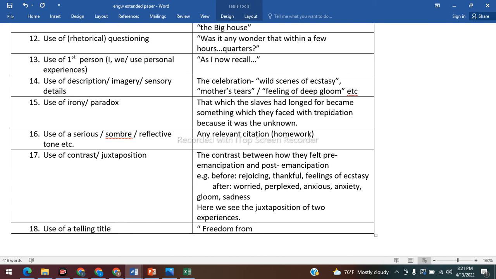Yeah. Because the title tells us a lot, right? The title tells us what the story is going to be about. Freedom from slavery. But the title itself is also drawing, because the author could have named the piece anything, right?